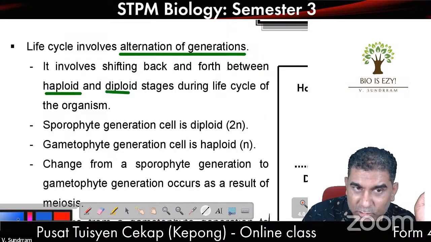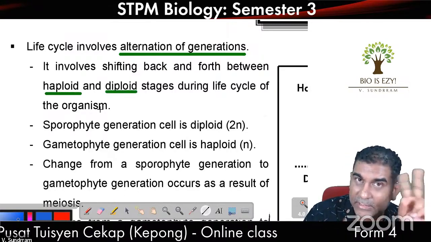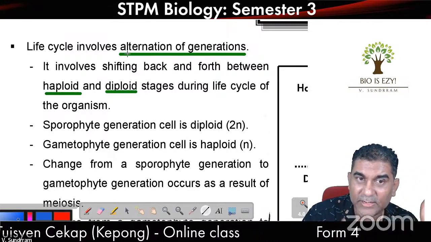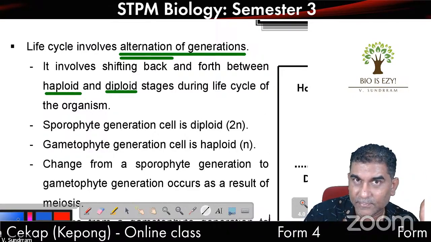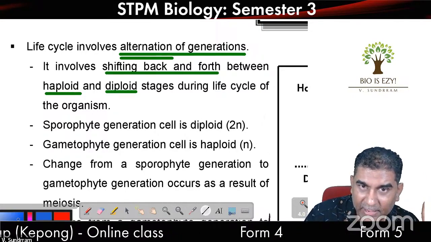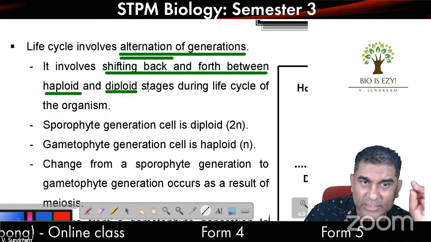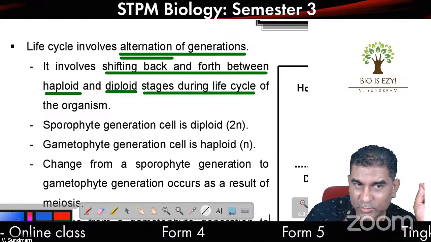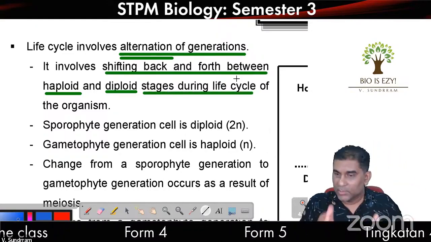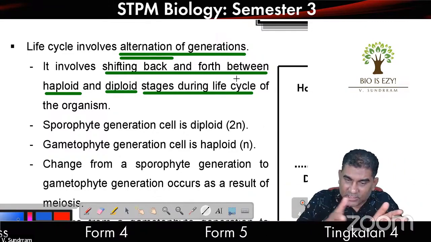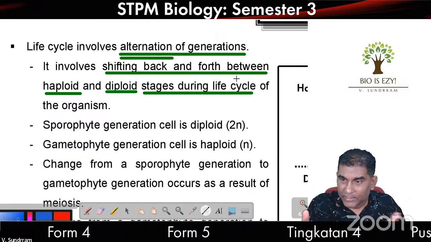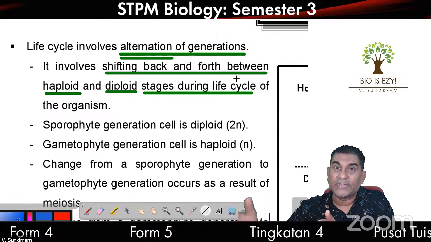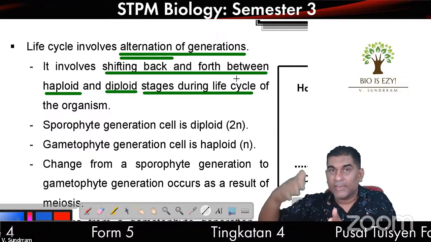There is also a diploid generation. These 2 generations will alternate, shifting back and forth between haploid and diploid stages during the life cycle. So the plant, at a certain time they will be haploid, at a certain time they will be diploid. And then they come back to haploid.